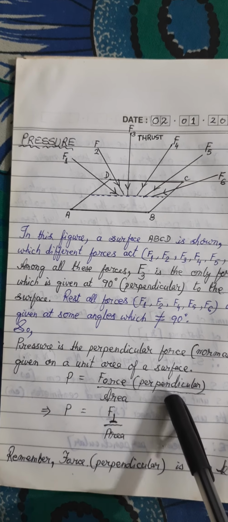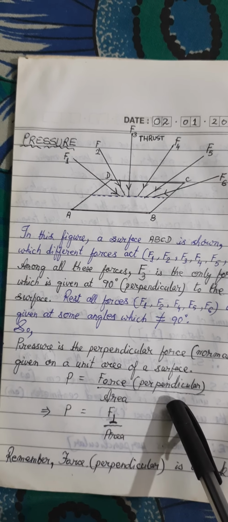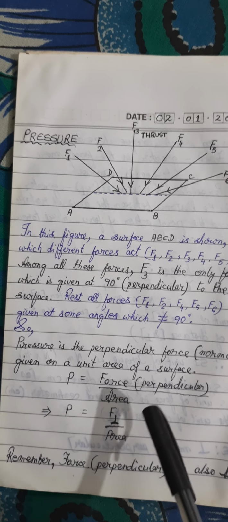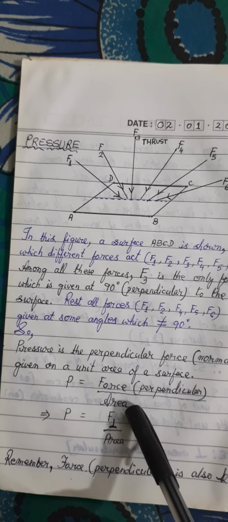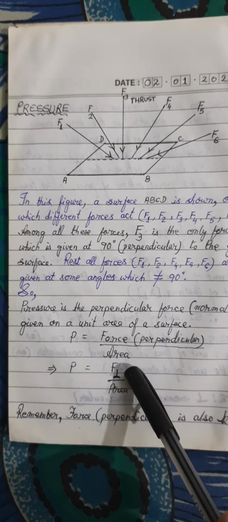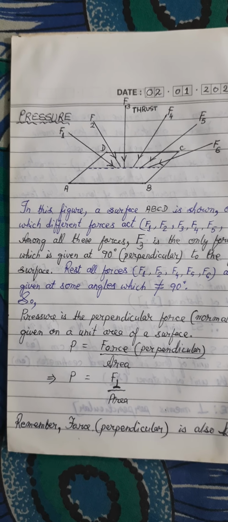The other name of thrust is perpendicular force, so I have written it in this way. Actually, the formula says pressure equals thrust by area, and thrust is the perpendicular force which acts on a given area. While writing the formula, we write it this way: F perpendicular, this is the symbol of perpendicular, divided by area.